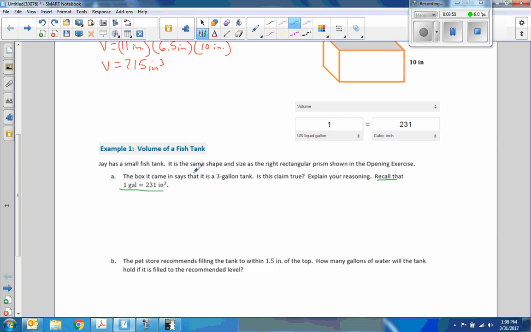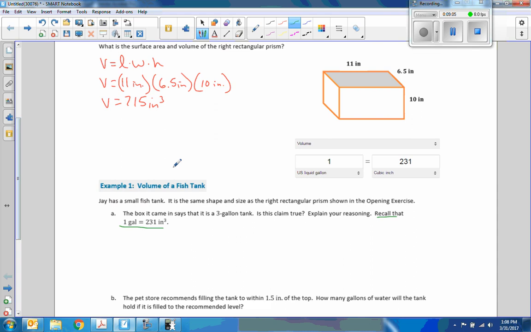So let's move on. It's the same shape and size as the right rectangular prism, and now we want to prove that this is true or not on the labeling. Is that 3 gallons? So we're going to take our answer from the last question, which is 715 cubic inches. We're going to multiply it by 1 gallon over 231 inches cubed.